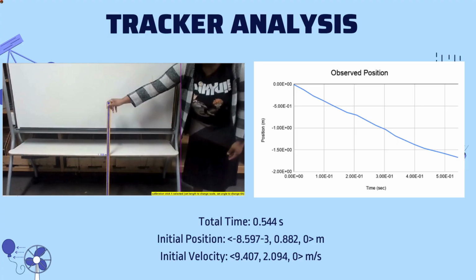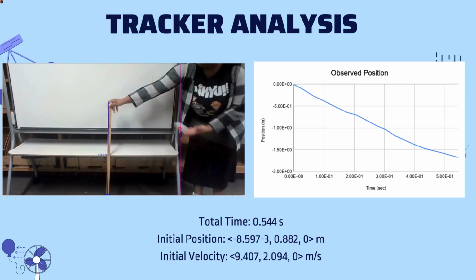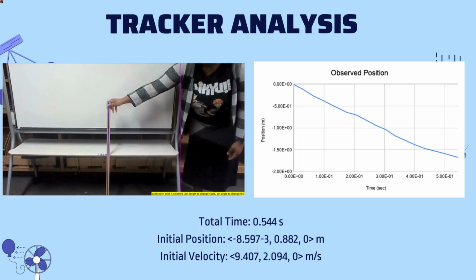Initial velocity was calculated to not be zero. This is also due to one of my possible errors in the lab, where I started the tracking at a point where the ball was not at rest, which is why the initial velocity is not zero.